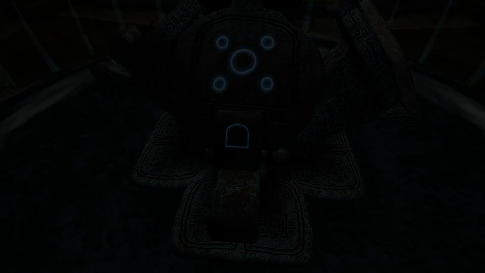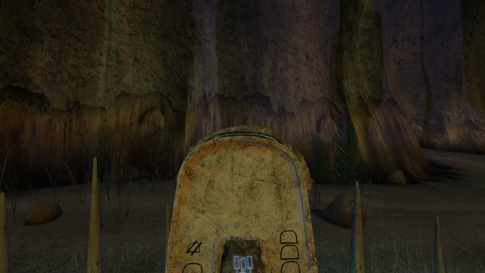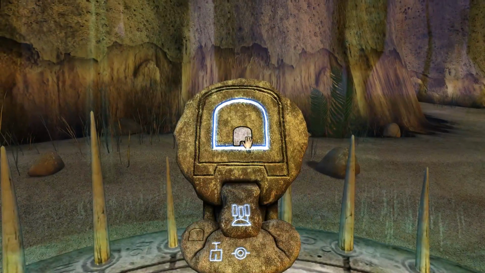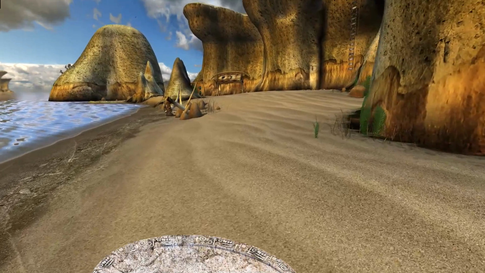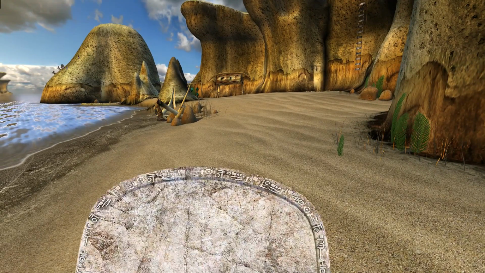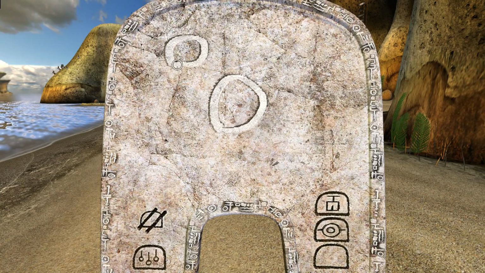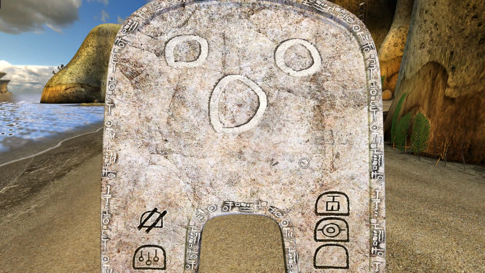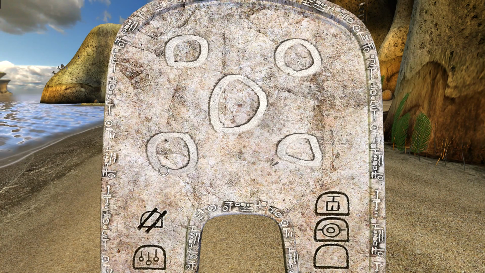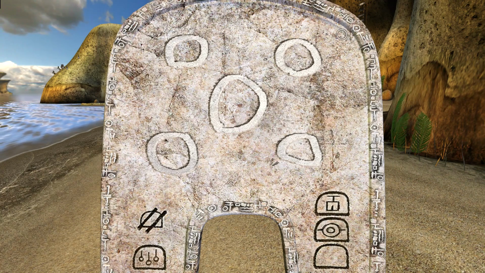So now I need to go back and get the tablet. Because he has to take it there. I think this is the first time I've had to get there first, then draw the symbol. Because usually I draw the symbol from seeing it.